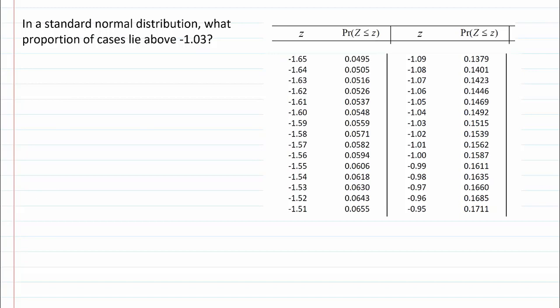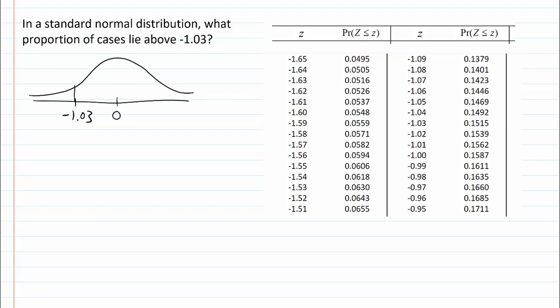The second problem asks, in a standard normal distribution, what proportion of cases lie above negative 1.03? Again, I'll start with a picture. And I'm looking for values that are above negative 1.03.